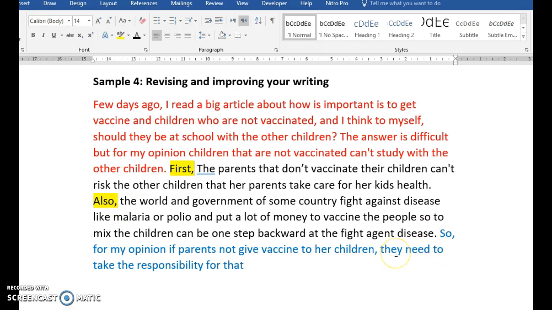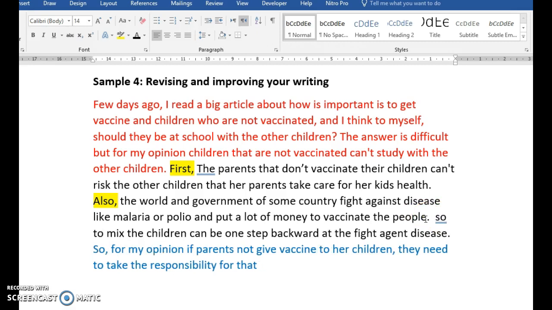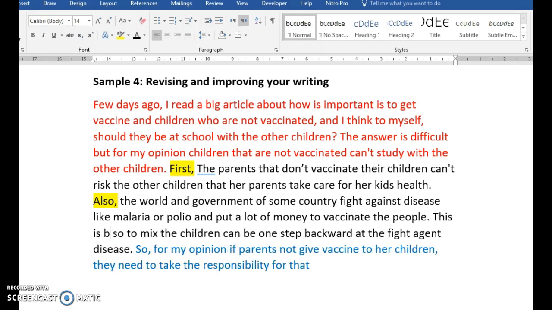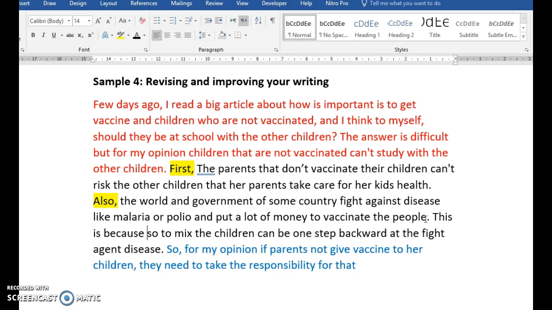Now, if we look here, also the world and government of some countries fight against disease like malaria or polio and put a lot of money to vaccinate. We need to be careful between the noun and the verb. The people so vaccinate the people. That's the end of a sentence, okay? Okay, so this is because we have a reason.